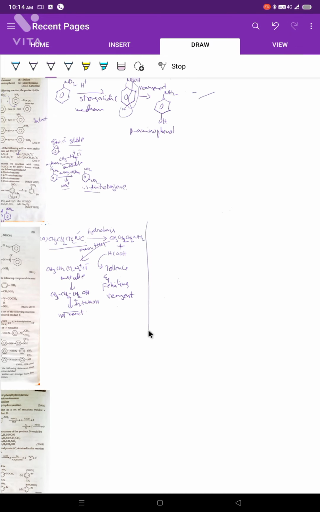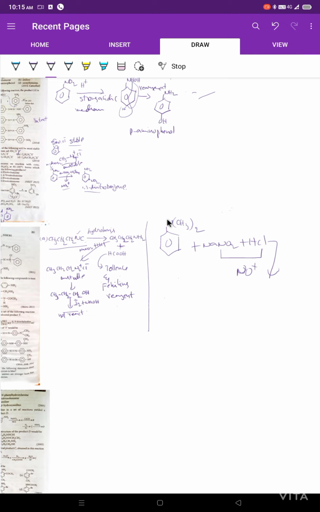Here they have given a secondary amine, N(CH3)2, on reaction with NaNO2 plus HCl. These two react and create the nitroso cation, NO+.